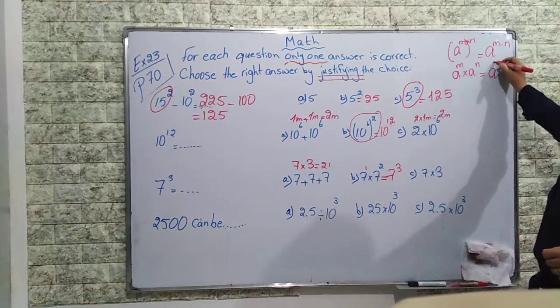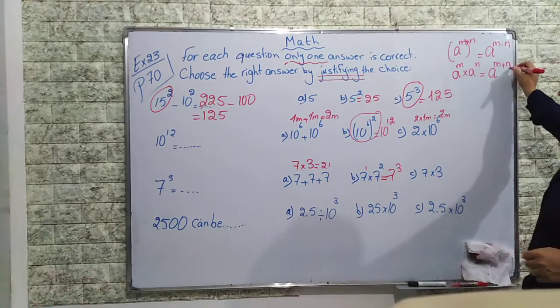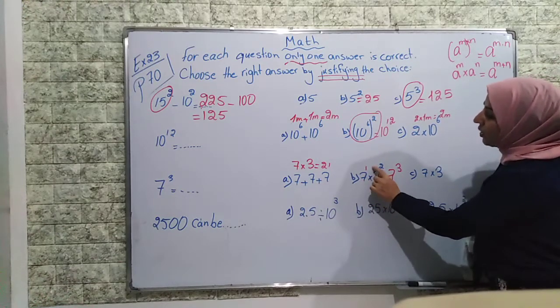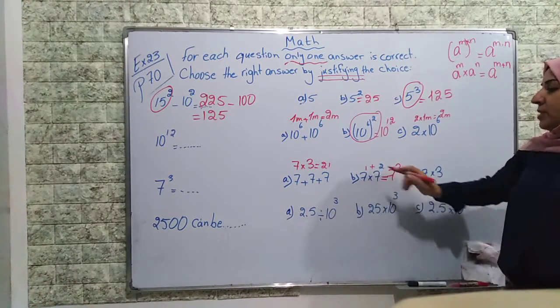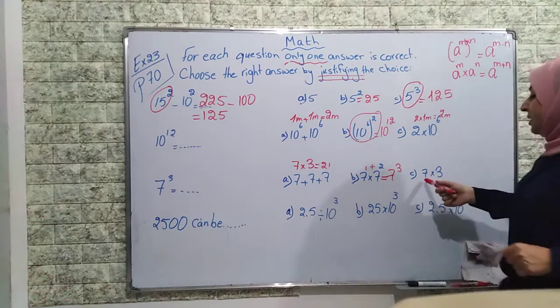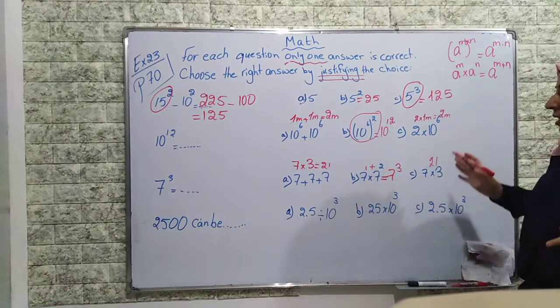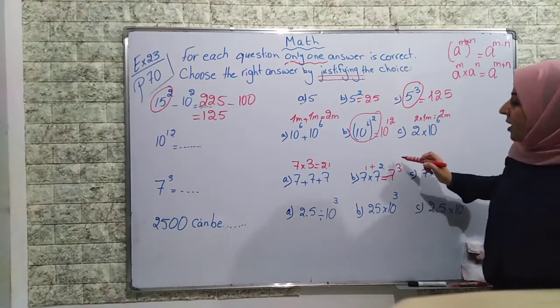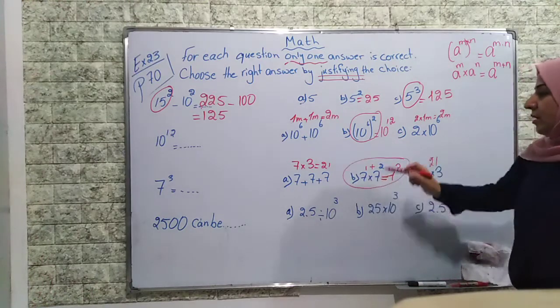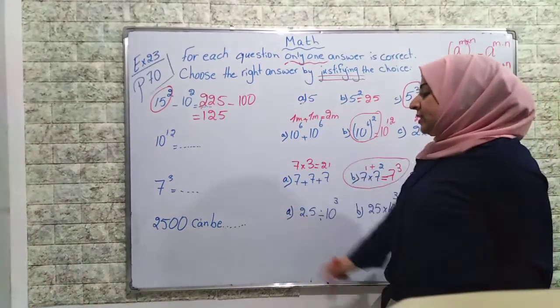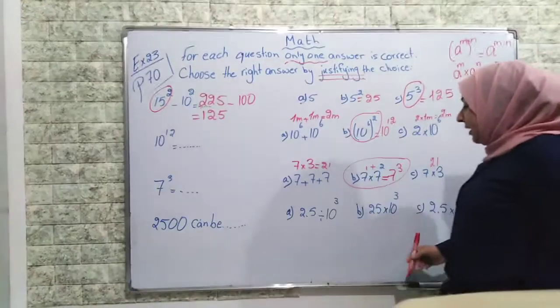So here, a to the power m plus n. We have the same base. I have a multiplication sign, so I have to add the powers together. Okay? Now, 7 times 3, which is 21. Okay? Here, what's the correct answer? It's part B. Done?